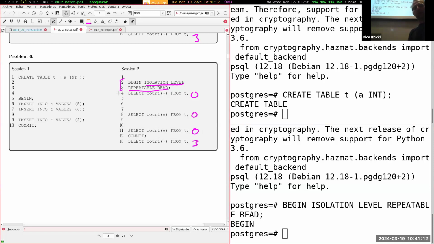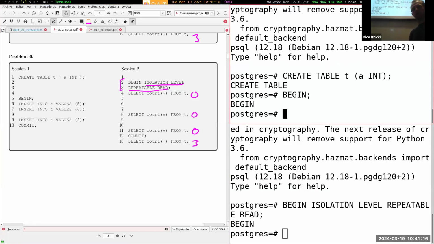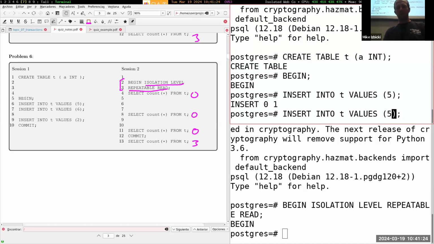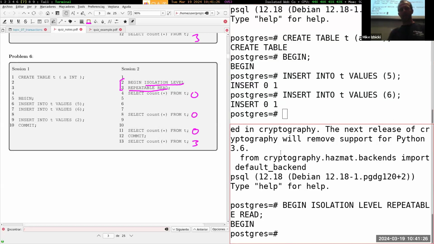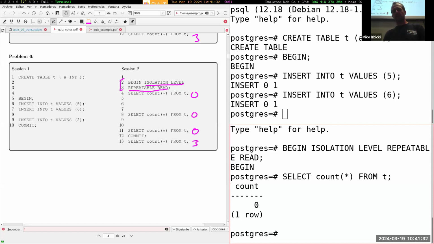Instead of running line 4, I'm going to skip directly to line 5 and create my begin transaction up here. Insert into t values 5, up arrow, insert into t values 6. And now at this point down here, I will do a select count star from t, hit enter.